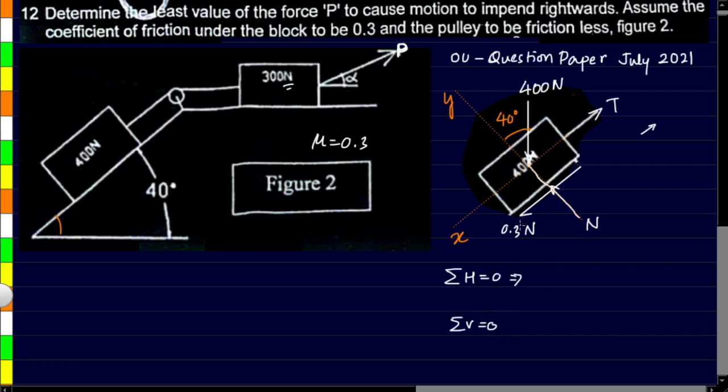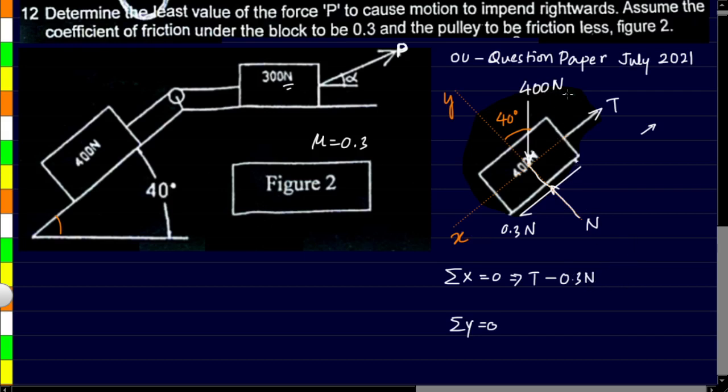Let's first take the horizontal. Actually it's not horizontal because this is inclined. So instead of horizontal, we'll just have to take it in x direction, and this one will be in y direction. Now let's take all the components which are acting in x direction. T being in positive x direction, we have to take it as positive, and 0.3 N being in opposite to it, we'll have to take it this way.